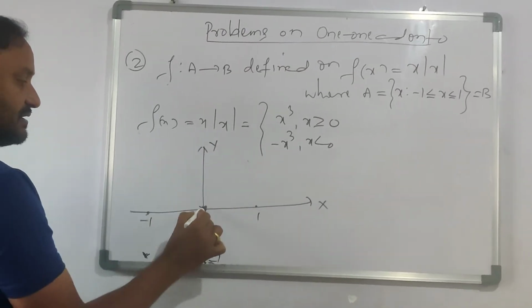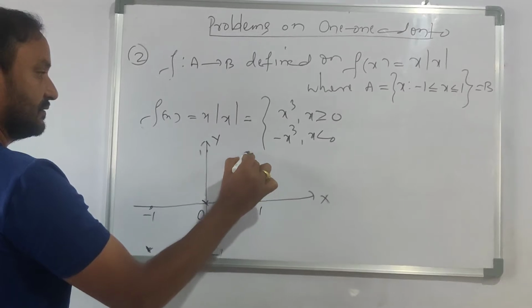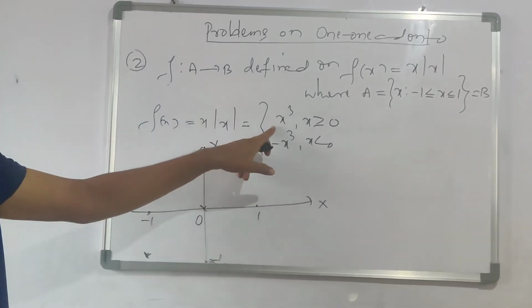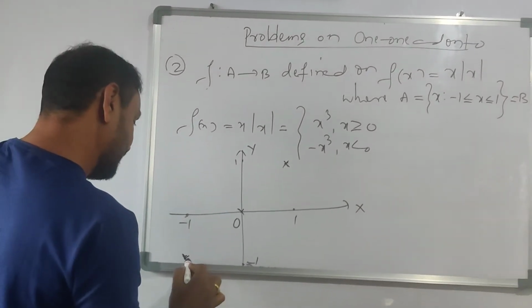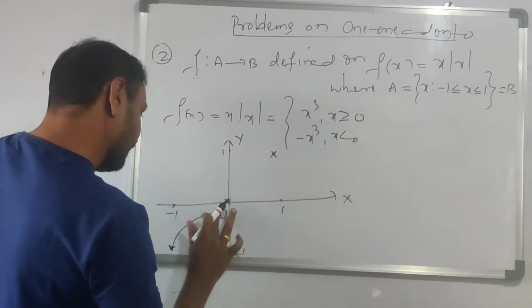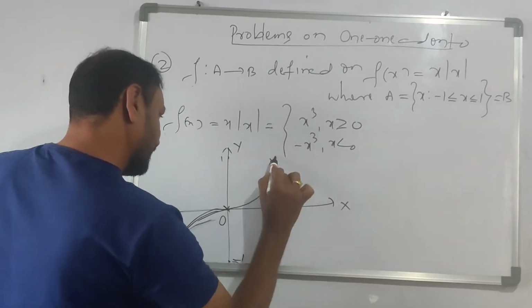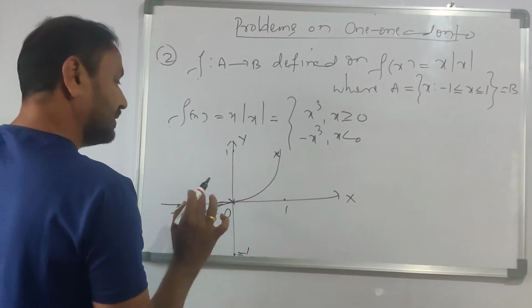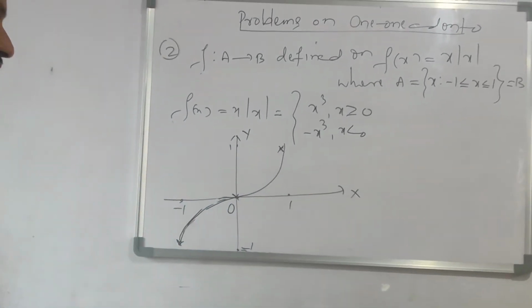X equal 0 means 0. X equal 1 means 1. Here clearly x cube is a curve. That means draw the graph here. This is the graph of the given function.